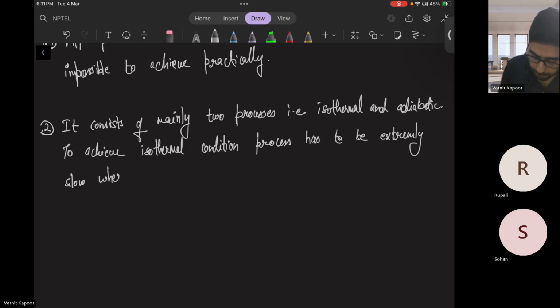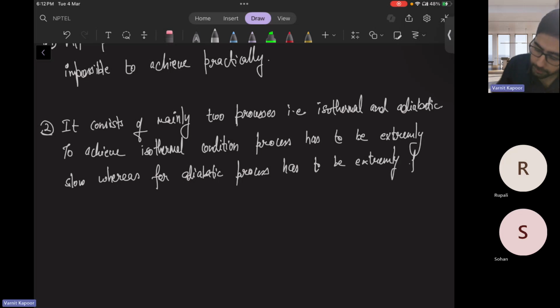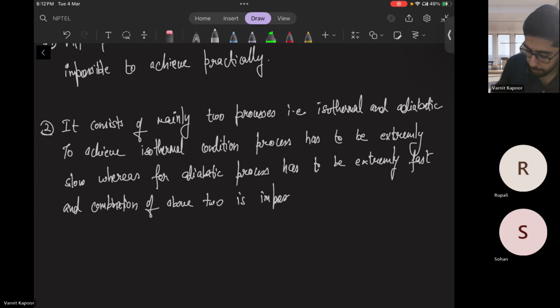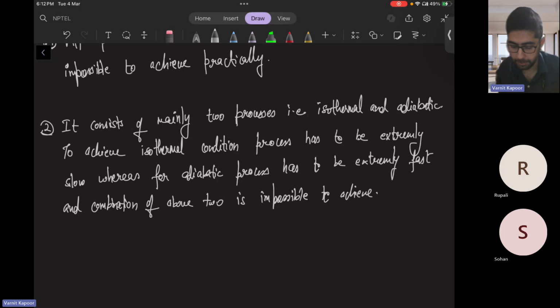Whereas for an adiabatic process, it has to be extremely fast. Okay. And the combination of the above two is impossible to achieve.